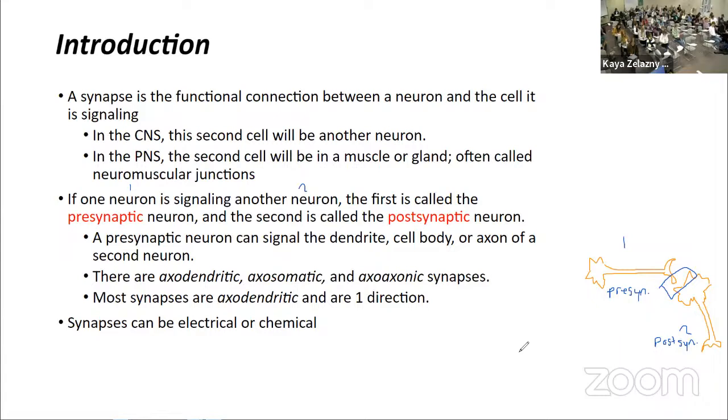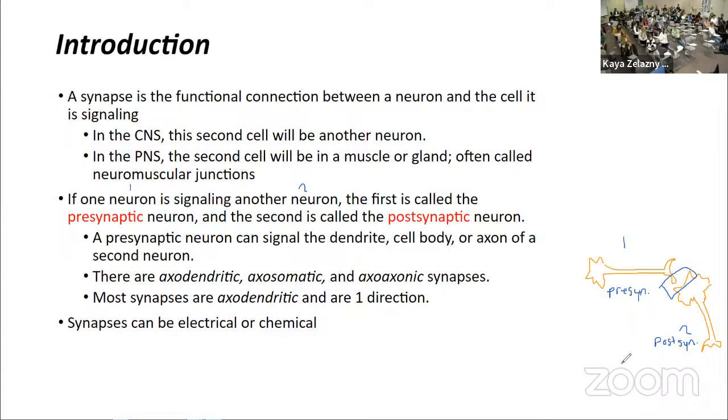Most commonly, we think about that signaling as happening at the dendrites or at the cell body, the soma. But we do have other connections. We will see some presynaptic neurons synapsing with a second neuron on its axon itself. And those are going to modulate the activity of that second neuron. We'll talk about modulation later on. Just think about, for now, our drawings are simply a presynaptic neuron coming in and forming a synapse somewhere in this dendrite-soma region on our postsynaptic neuron.